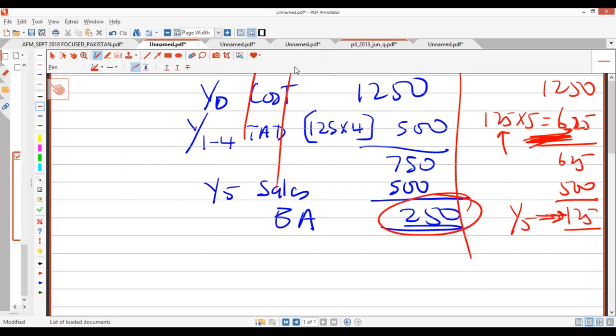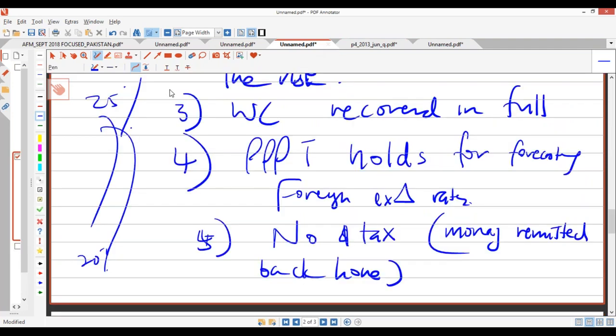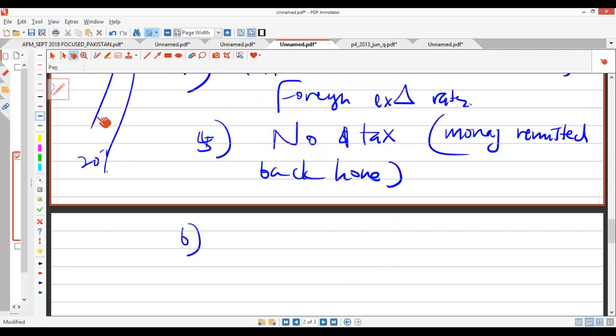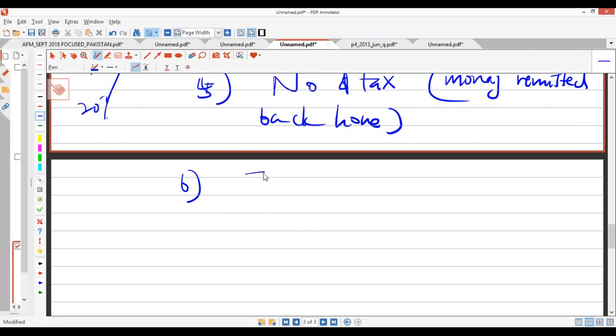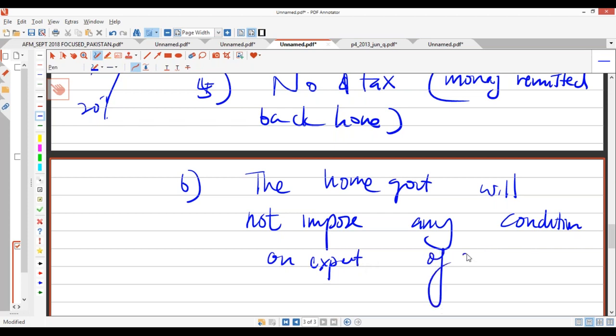Where's my writing? Okay. Number 6: we assume that the home government will not impose any conditions on export of special packaging at cost price.